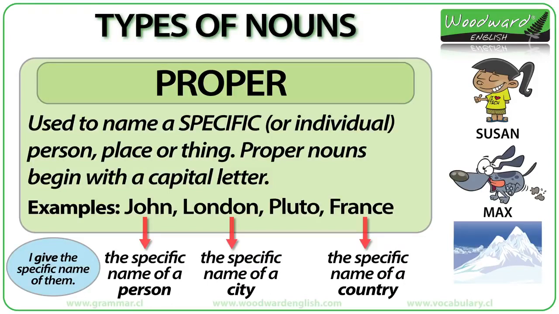Here, Max, come here, Max, your dinner's ready. Max is the name of the dog, so Max is a proper noun. Mountain is a common noun as it refers to a type of geological formation and we do not specify the name of that mountain. Mount Everest is a proper noun because we specify the name of a mountain.